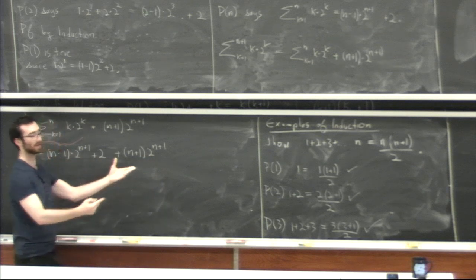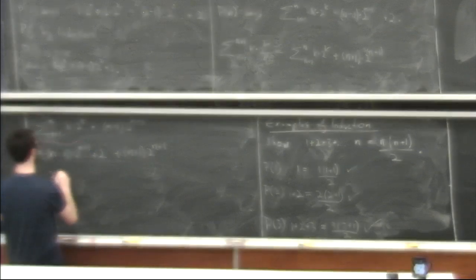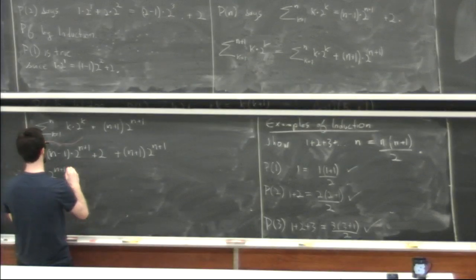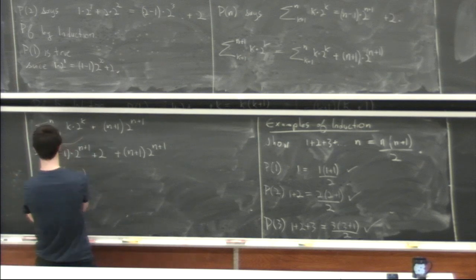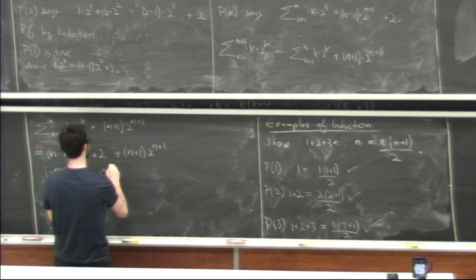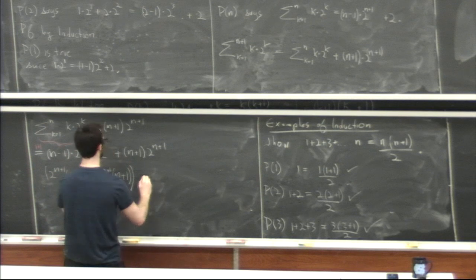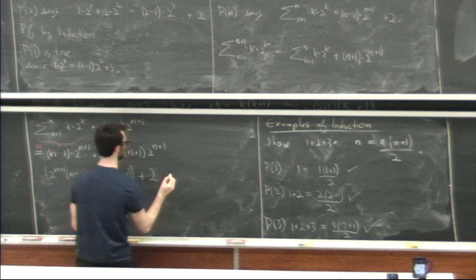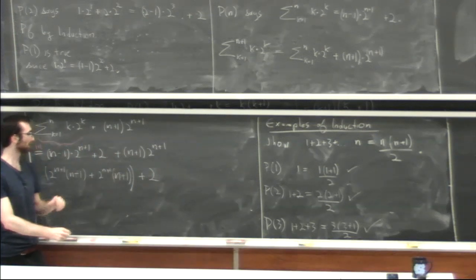So I could try factoring that out. In other words, I can write this as 2 to the n plus 1 times n minus 1, plus 2 to the n plus 1 times n plus 1, all those in parentheses, plus 2. I'm just using commutativity and putting parentheses.